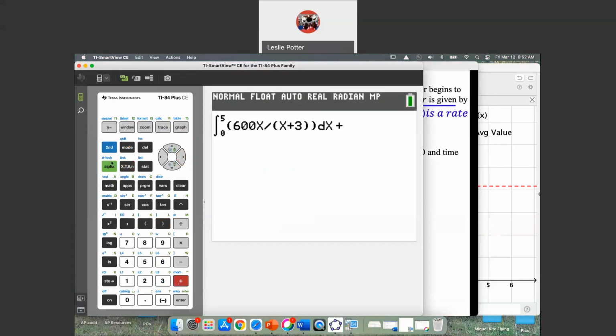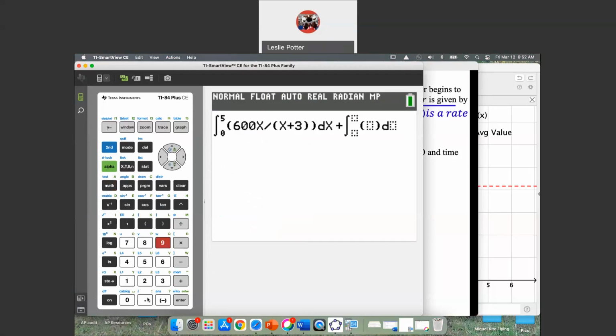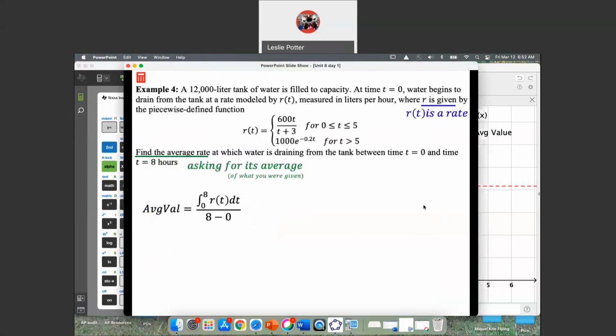Then to that, we're going to add, and we can put a bunch of math 9s on the same row, from 5 to 8, because that bottom function is only applicable when we're bigger than t equals 5 hours.